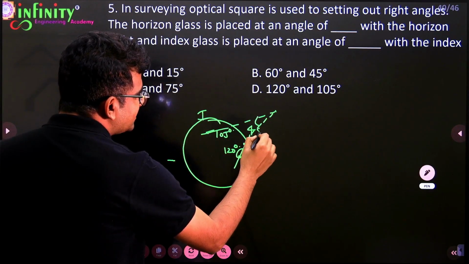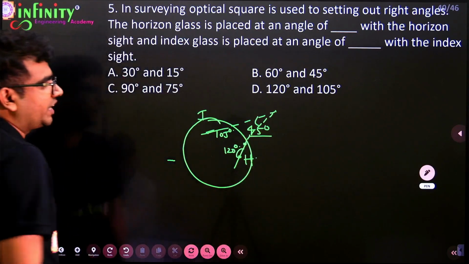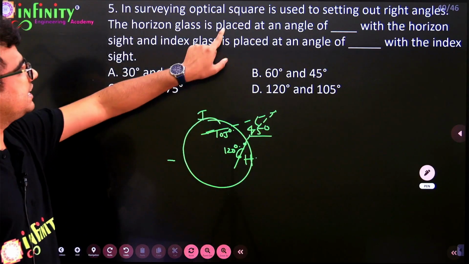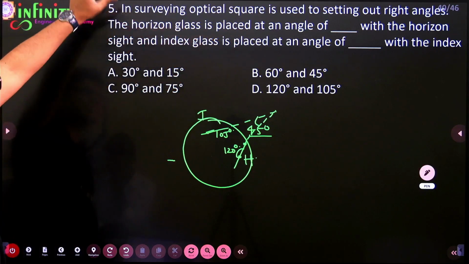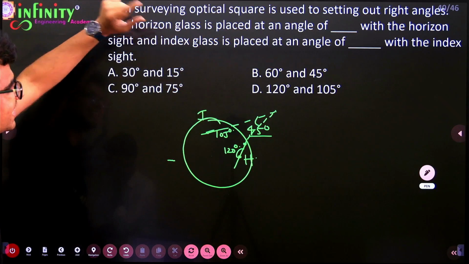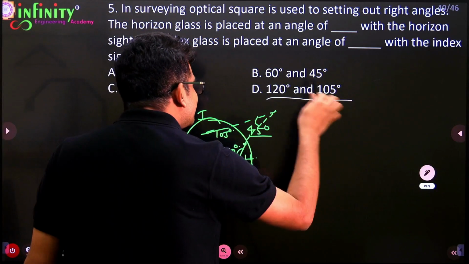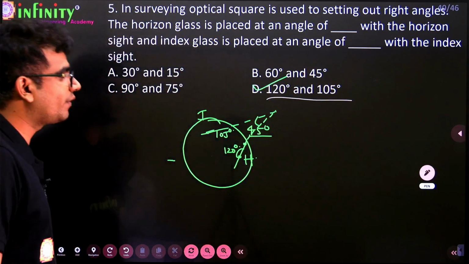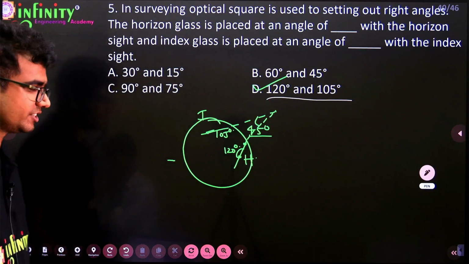Then the angle at this point is equal to 45 degrees. They are asking the angles at which the horizon glass and index glass are placed, so the answer is 120 and 105 degrees.